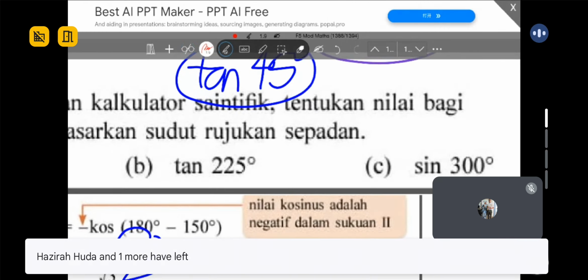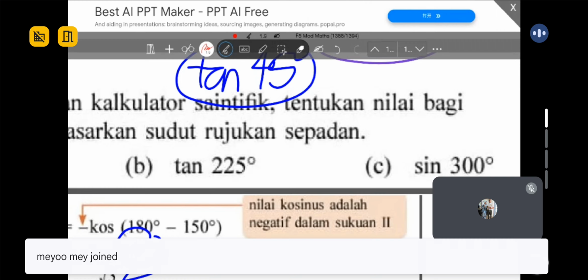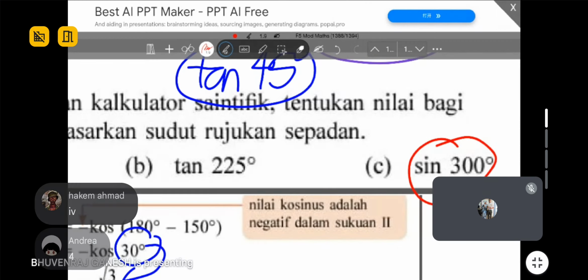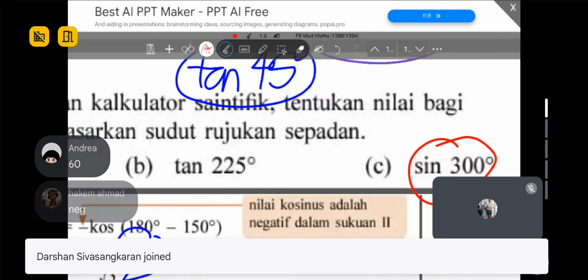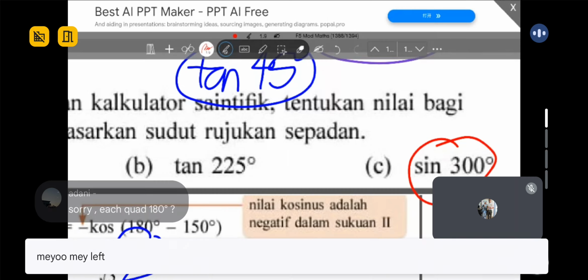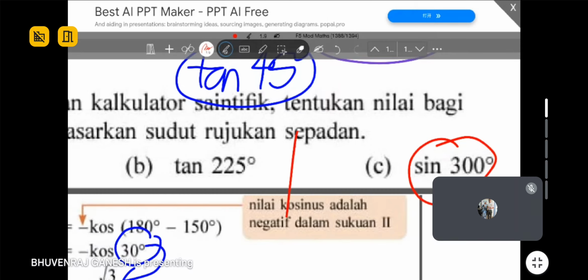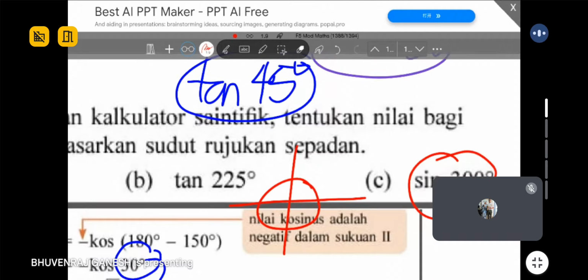Okay, so sine 300 guys. Which quadrant? Can you all tell me? Quadrant ke berapa yang ni? Okay, very good. Fourth. Reference angle, sudut rujukan? Very good, 60. Positive or negative? Okay, very good, negative. Now, each quadrant is 90, because 360 bagi 4 is 90.